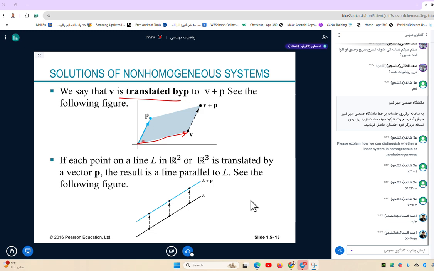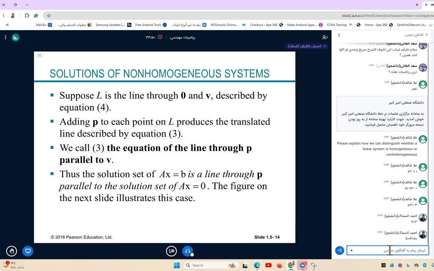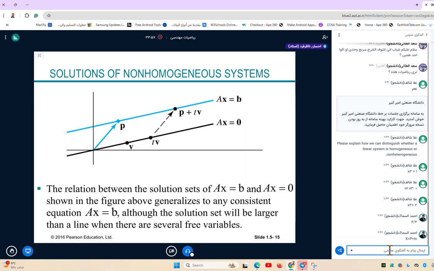So the result of adding two vectors will be like this one. This is the answer, V plus P. This is just a geometric representation for the solution. We skip from these discussions because we have some more important discussions.